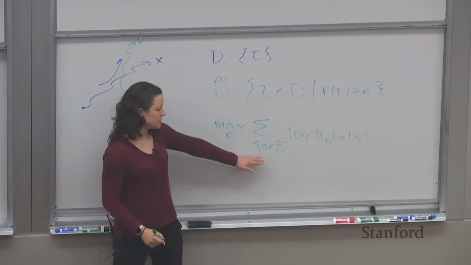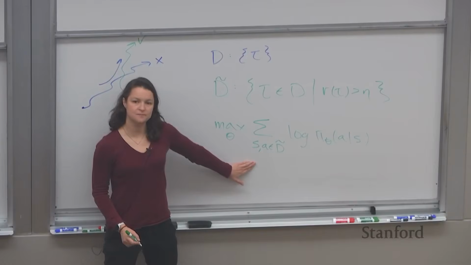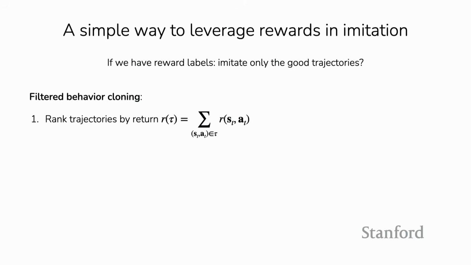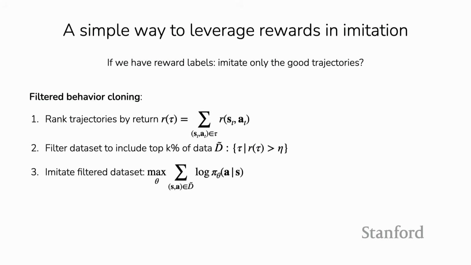So this is the typical imitation learning objective. Cool. So this is perhaps our first offline RL method, I guess. Very, very basic. Filter the data set to the top K% of data, and then imitate the filtered data set. This is a very primitive approach for using reward information.